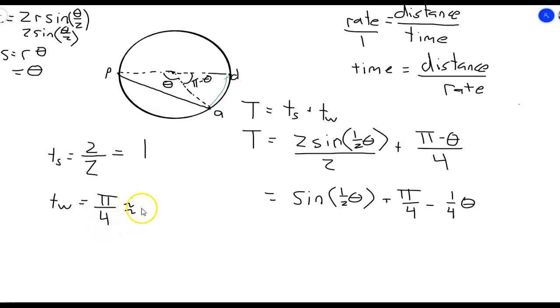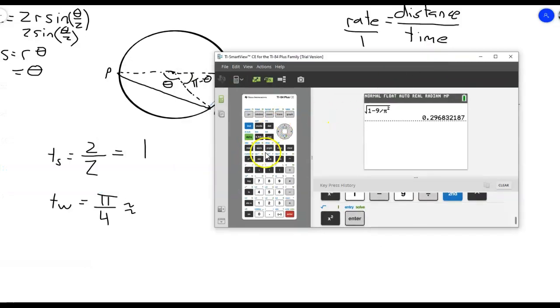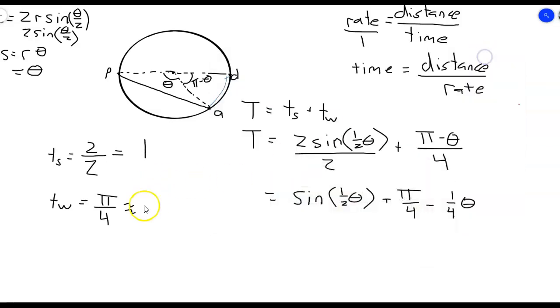And that's going to be approximately, let's see here, pi over 4. So that would be pi divided by 4. We get about 0.785. All right. And we already know that it is quicker for him to walk around than it is for him to swim across there.